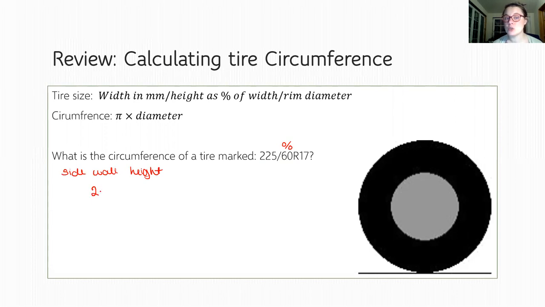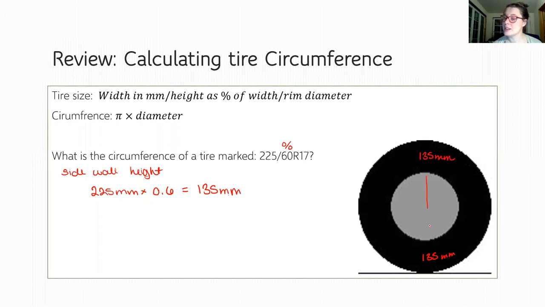So I take my width, 225 millimeters, and multiply it by 0.6. Doing that, I get a sidewall height of 135 millimeters. So this is 135, and this is 135.